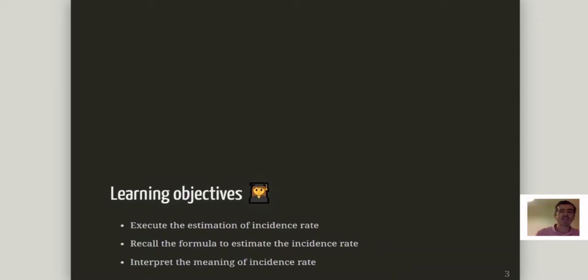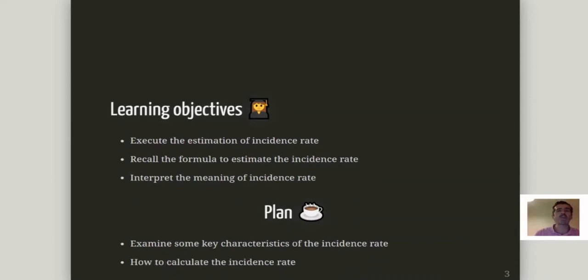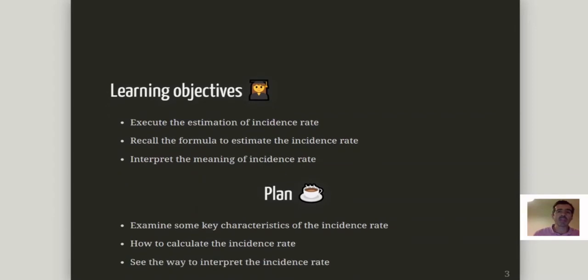And one important part of all this is that you should be able to interpret the outcome of these estimations. So the plan of this video is that we will first look at some characteristics of the incidence rate, such as the concept, and we will look at how we can estimate this parameter. And we will look at the interpretation of this.